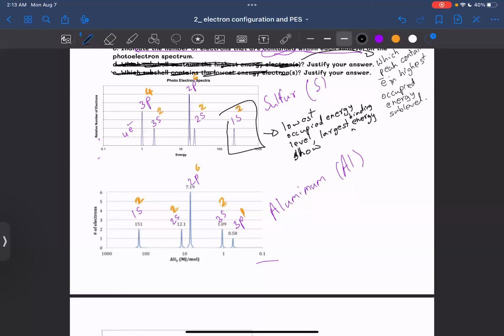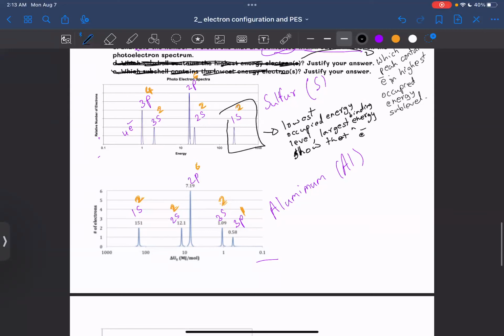Show that electron in this peak is closest to nucleus compared to electron in other peak. Something like that along the way.